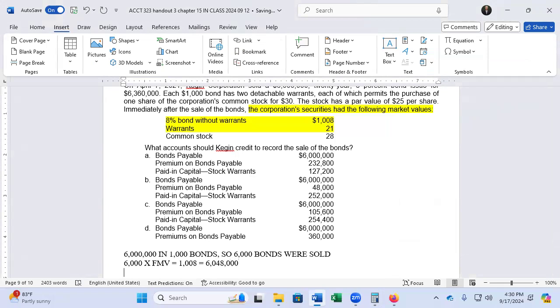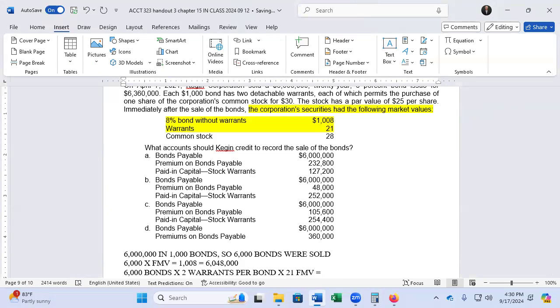And then you had 6,000 bonds times $2, 2 warrants per bond. And then you multiply that by 21, which is the fair market value of the warrants.